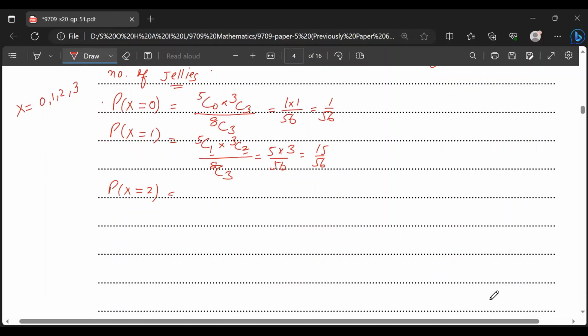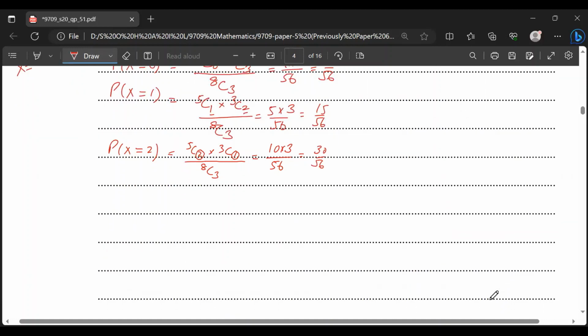X equals 2, so 2 jellies. 5C2 multiplied by 3C1 because 2 plus 1, in all there are 3 sweets, and 8C3 the total. So in probability we write the total outcomes as the denominator, 8C3. This is 10 multiplied by 3 divided by 56, so the answer is 30 over 56.